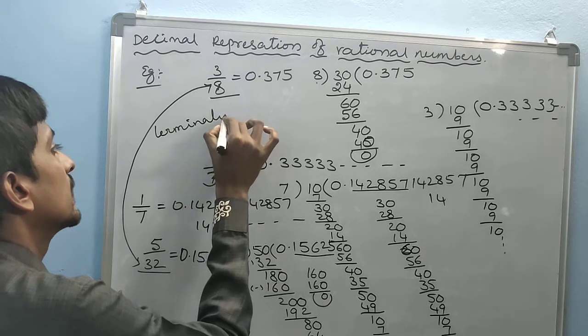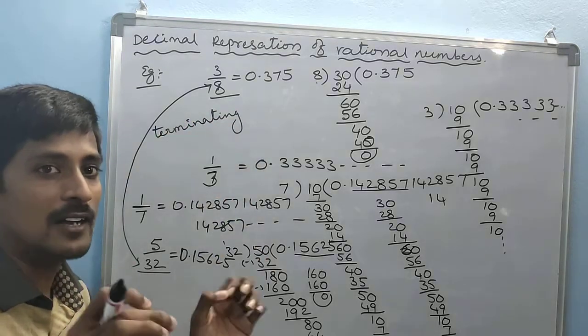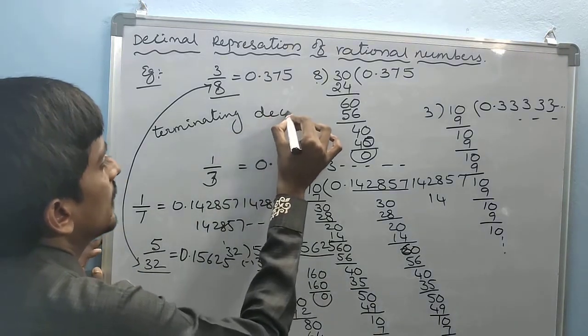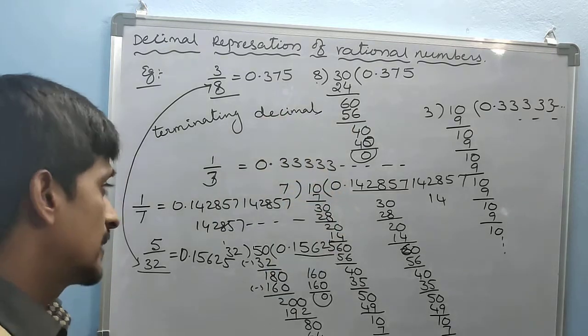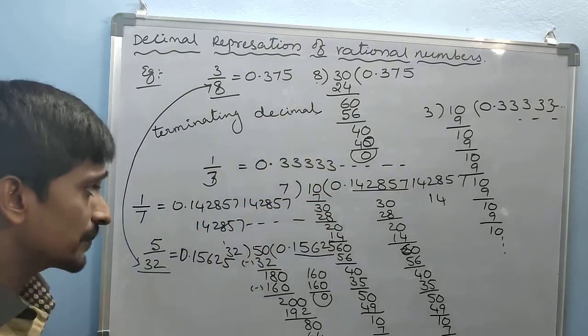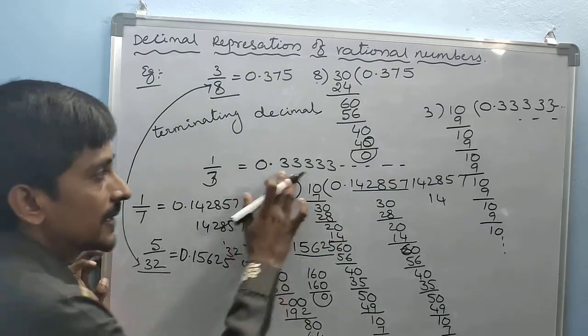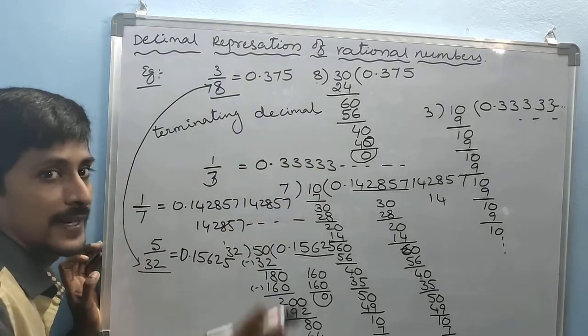Terminating means after decimal point it is ending with some digits. Those numbers are called terminating decimals. Some numbers are repeating, not ending. It is not ending, but some digits are repeating.